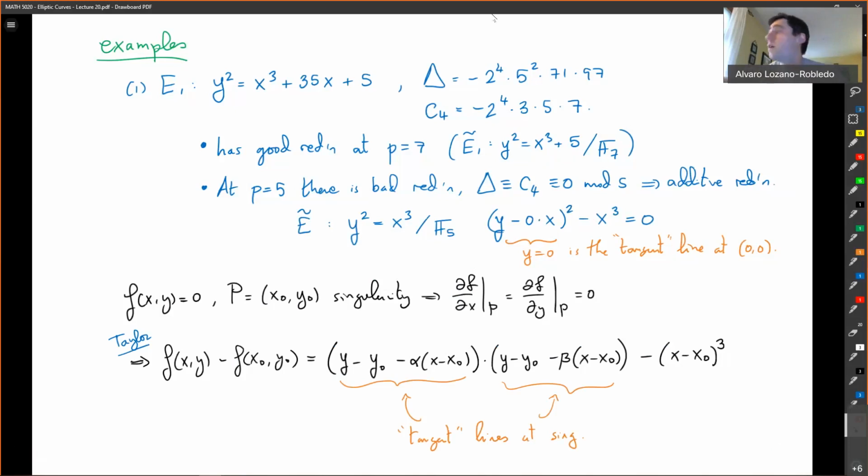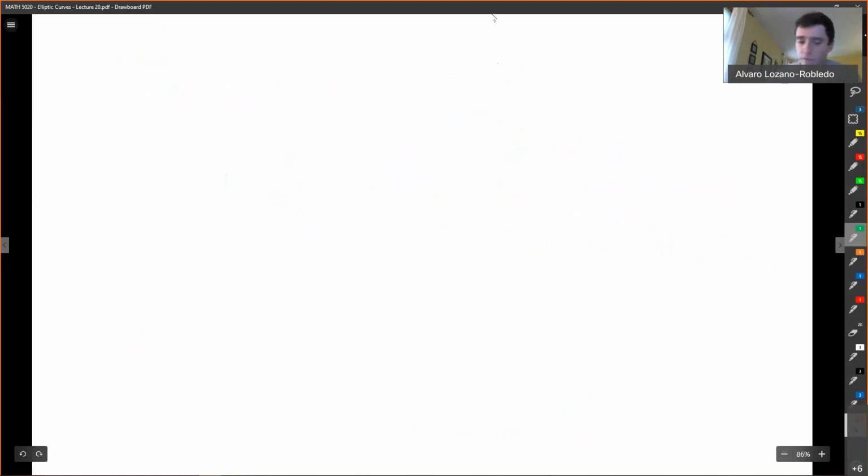Okay, so let's go back to the example. I think I'm going to switch curve to look at some multiplicative reduction. So another example is this one. Take E2 to be y squared equals x cubed minus x squared plus 35.